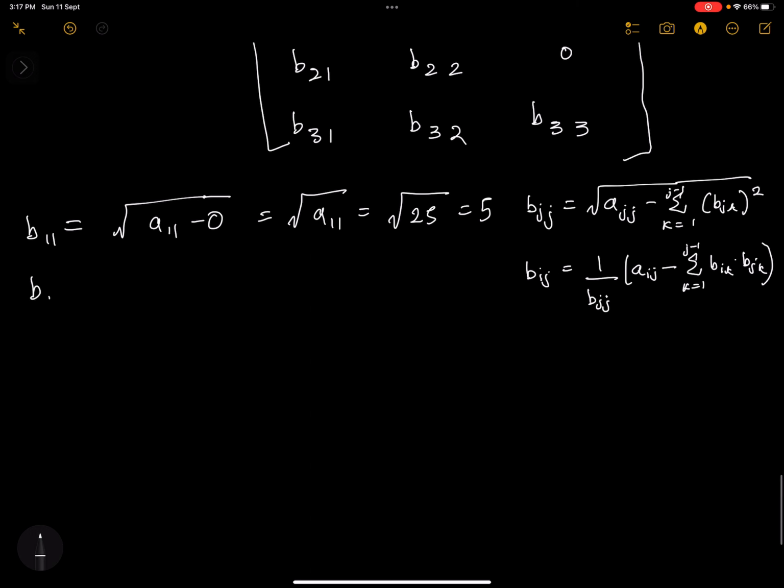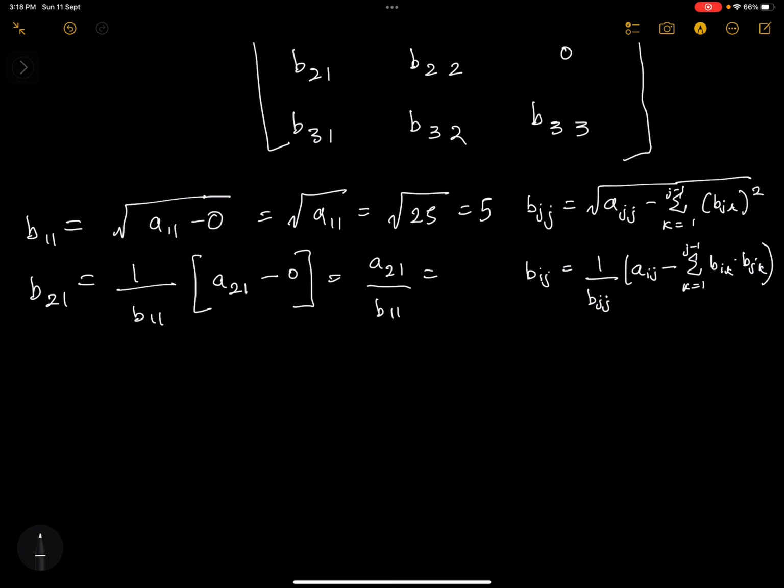Now b21 will be equal to 1 by b11, for which we know the value from the previous exercise, into a21 minus 0, because this is still j minus 1, and in this instance j is equal to 1, so the summation is still 0, but since it's non-existent, it will become a21 divided by b11.